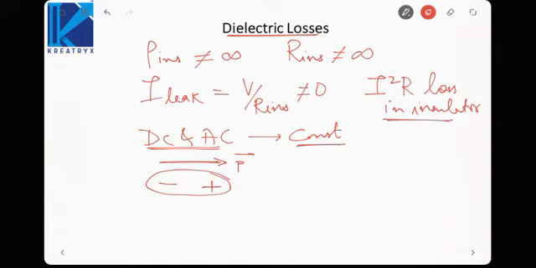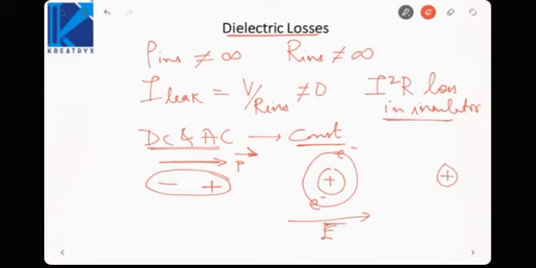And how is the dipole formed? First of all, if you consider an atom, there is a nucleus around which electrons revolve. If we apply an external electric field, the positive charge moves in the direction of the electric field and the negative charge away from it. So a dipole is formed with a dipole moment in this direction. Now you see, the dipole moment lies in the same direction as the electric field.